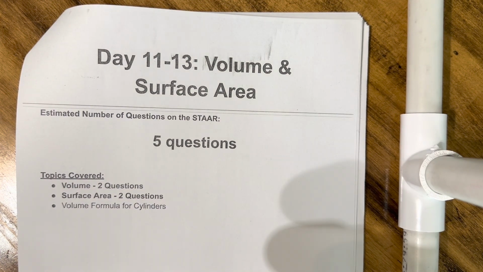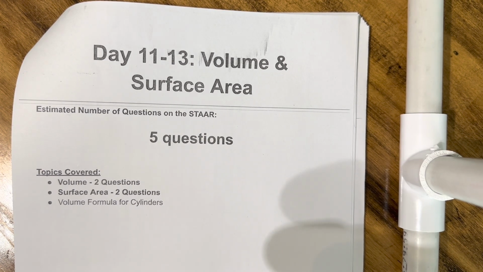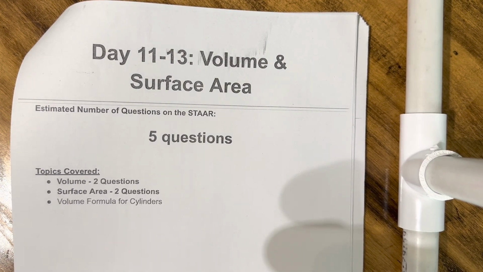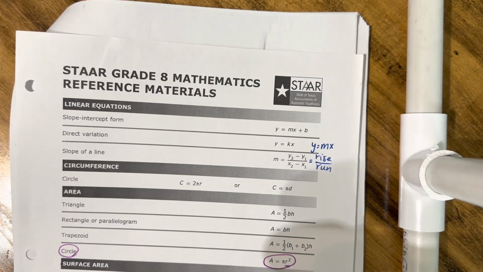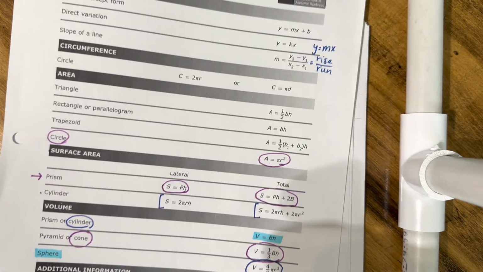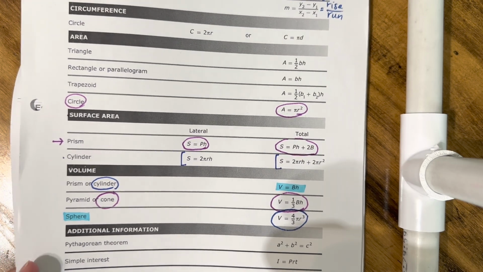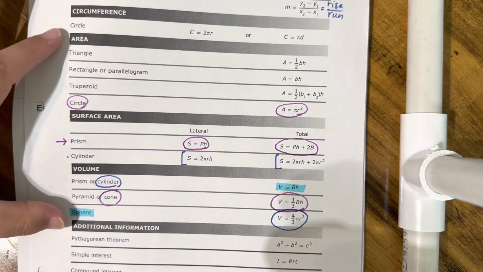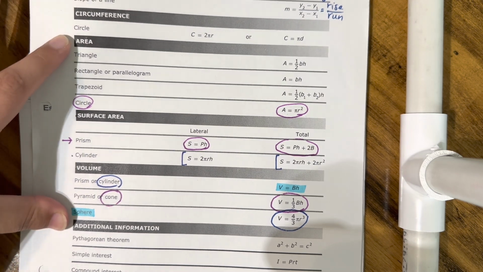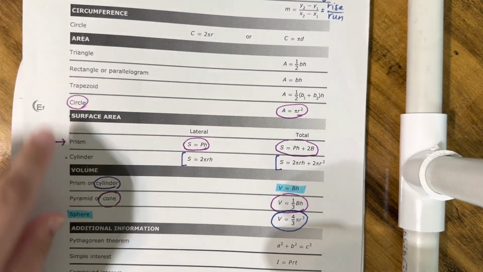So before we get started in the notes, I want to point out some resources you have in your STAAR View folder. In your STAAR View folder, you have your STAAR reference material. And then on here, we've already talked about area, surface area, volume. These right here are the formulas that you might need for volume and surface area.